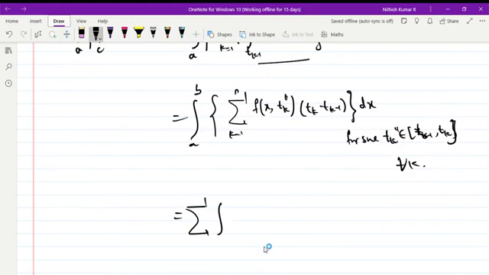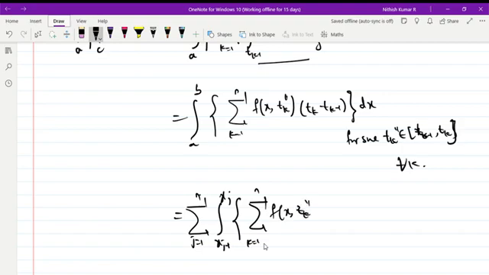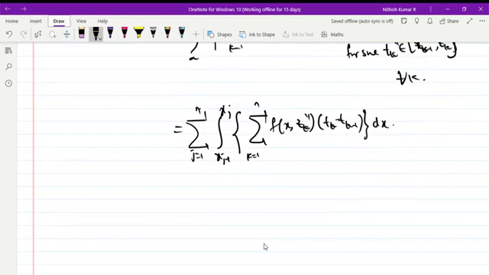Okay, now again for applying, rewriting this integral from a to b in terms of summation, that is, summation j is 1 to n, integration a to b, now into summation k is equal to 1 to n, f of x comma tk double dash into tk minus 1, into dx.